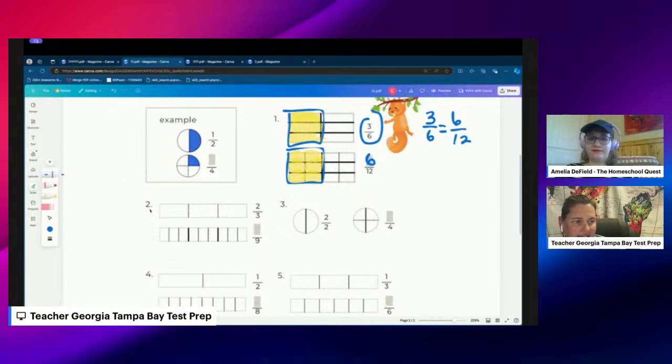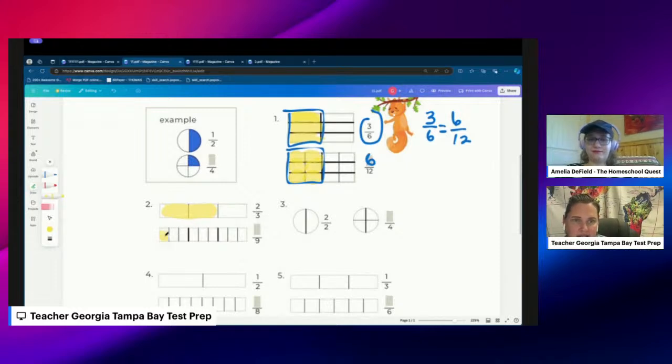If I look at number 2, I am supposed to color in 2/3. So with my highlighter out again, I want to color 2 parts out of the total 3. Hope everyone is giving me a thumbs up right now. Now I want to make an equivalent fraction. I want the same amount colored in, even though my next bar is 9 equal parts, definitely different than 3 equal parts.